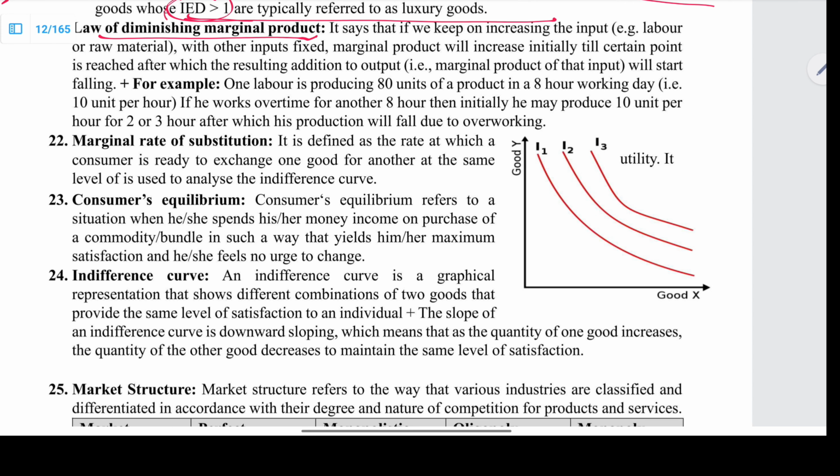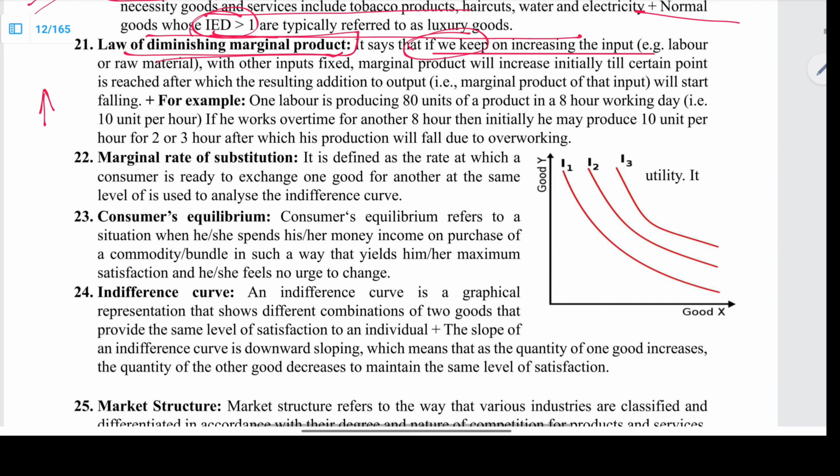Law of diminishing marginal product. It says that if we keep on increasing the input while other inputs are fixed, then the output will increase initially till a certain point, after which the marginal product of the input will start falling.